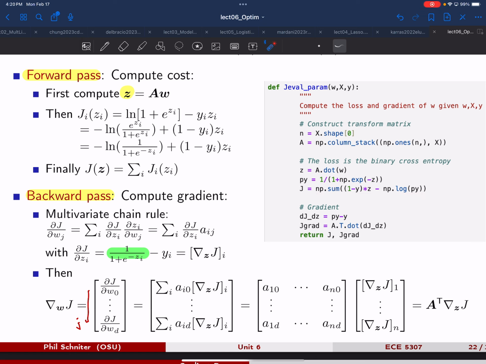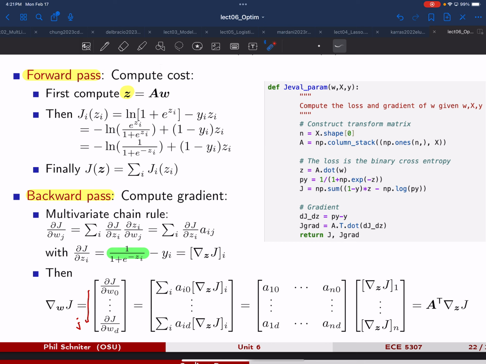So you can see the code is very concise. A bit of effort is required for this matrix-vector multiply, and only a little bit of effort is required for these nonlinear terms here. That gives us the forward pass.